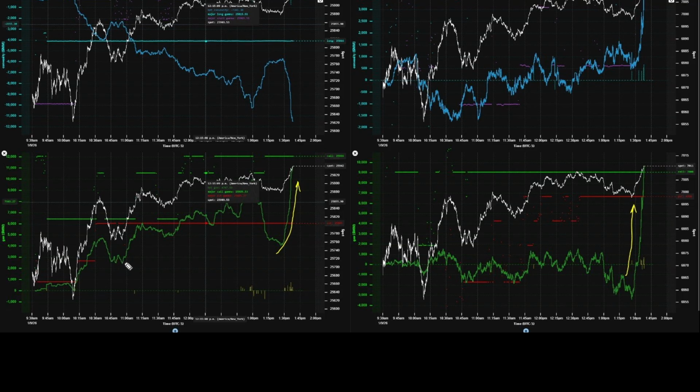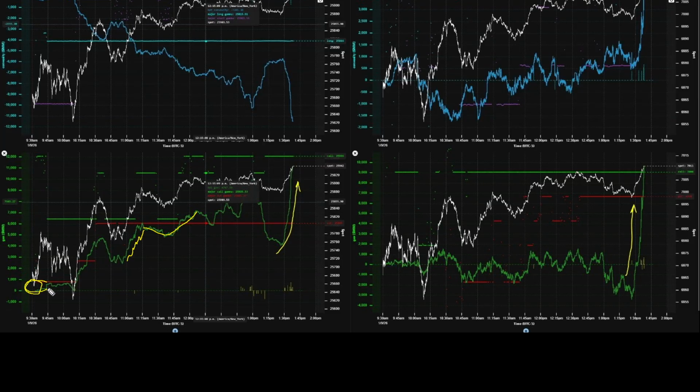The lead is making directionality using all the GEX nets in the option market. As you can see here, the net GEX starts to gain more positive gamma.